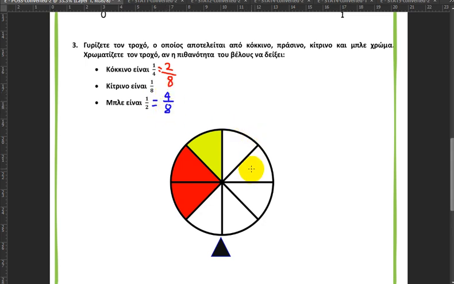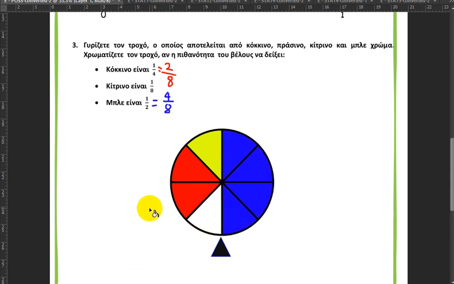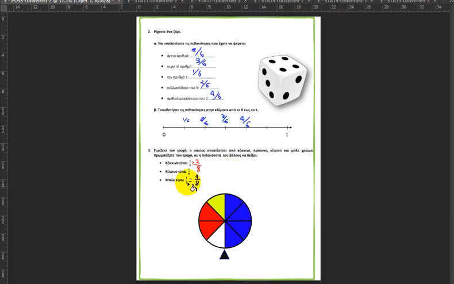Or you could say, well, 1/2 means a half of the circle, so I'm just going to color half of the circle blue, right? And there we go. And we have one white piece. And that's okay. So there's the entire worksheet. Pause it if you want to. Moving on.